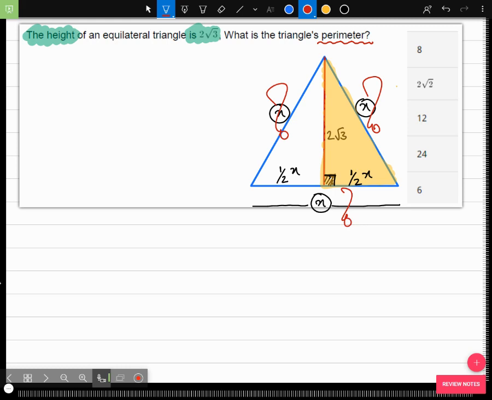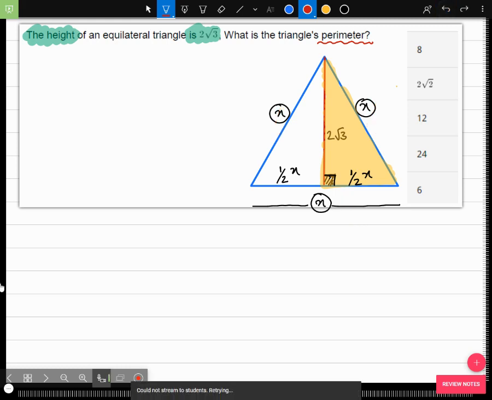Then only I can find the perimeter. So here I'm taking this triangle, and I know the height, and I don't know this value. Of course, that is half X, and we know the hypotenuse. So let's use the Pythagoras theorem once again.